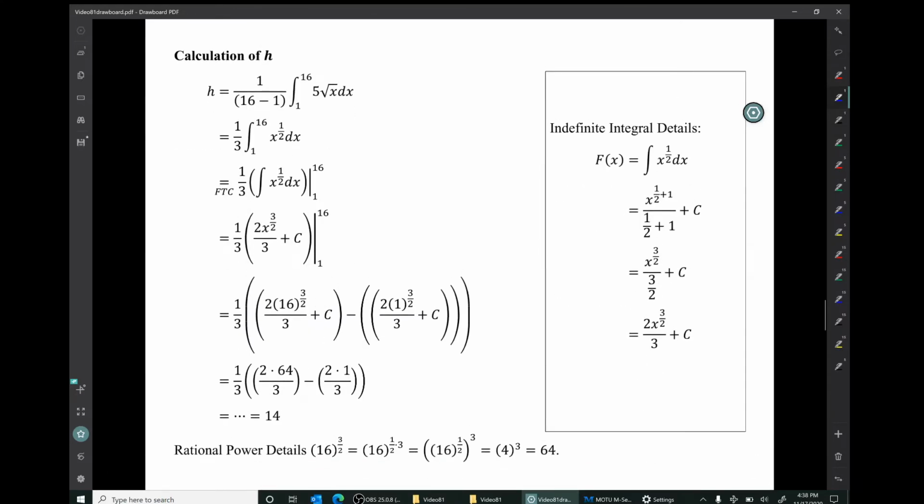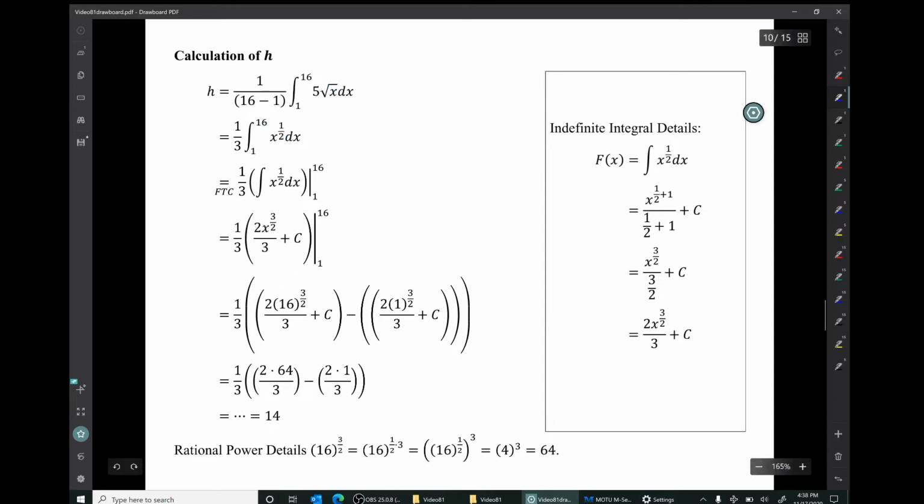So here we go. Here's the definite integral set up as on the previous page. I simplified a little bit. In the denominator, I'll have a 15. In the numerator, we have a 5. That simplifies to 1/3. And I wrote the square root of x in power function form in preparation for finding the integral.